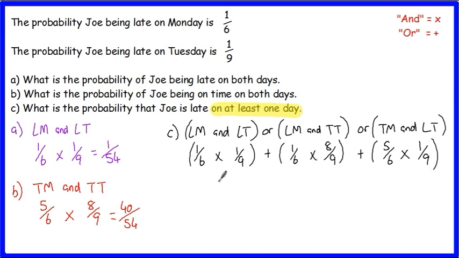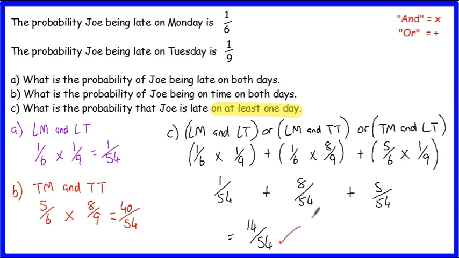Let's multiply these out. It's 1/54 plus 8/54 plus 5/54. This is going to be equal to 14/54.